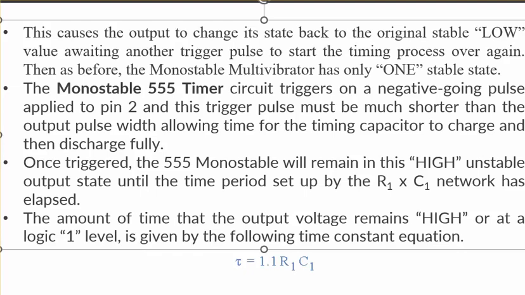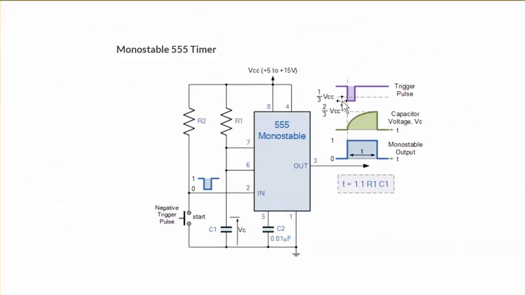This is the circuit connection, and this is the trigger pulse I told you, the negative going trigger pulse. This makes the capacitor charge up to 2 by 3 VCC and come down to 1 by 3 VCC.